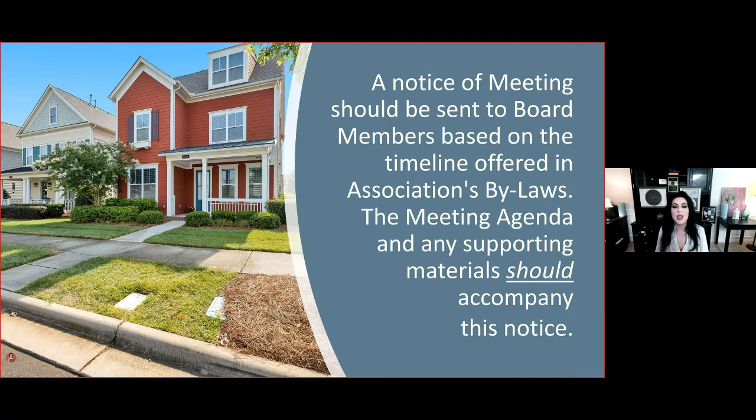So the notice of the meeting should be sent to the board members based on the timeline offered in the bylaws. I oftentimes get this question, how much notice should we give as a board if we need to have a meeting? Well, that actually has to be answered by your bylaws. And just as a quick reminder, friends, your governing documents, your declaration, your architectural standards, those are found in your declaration.